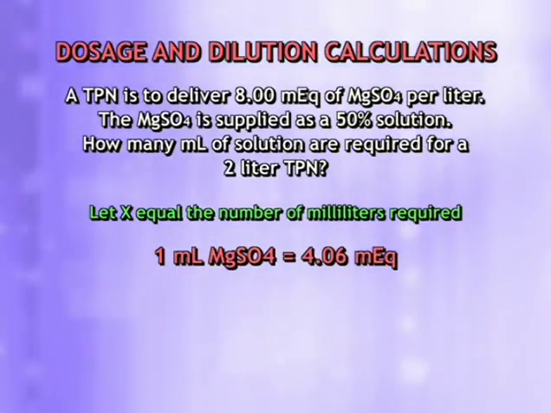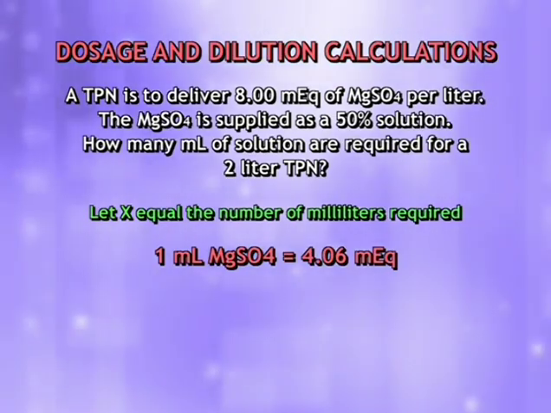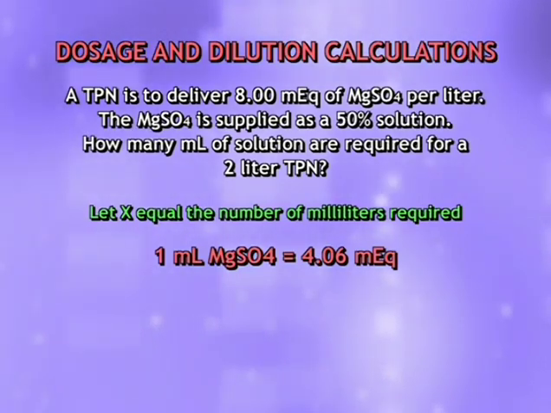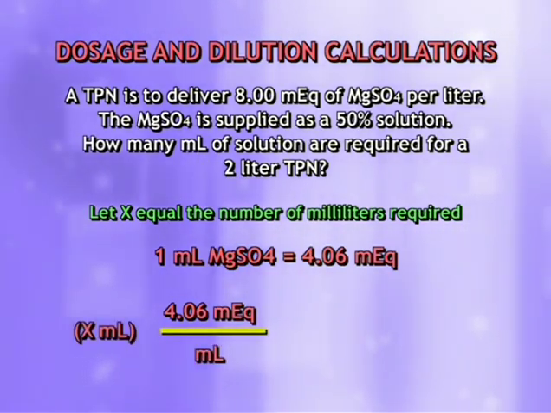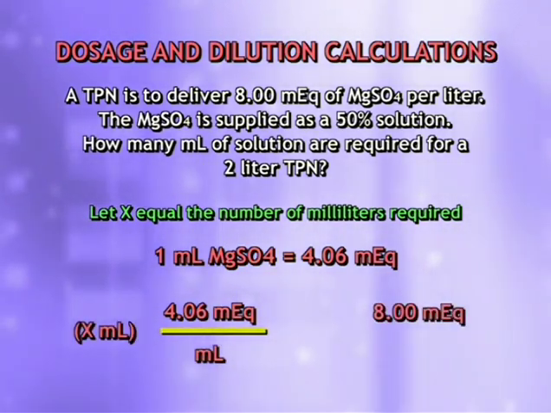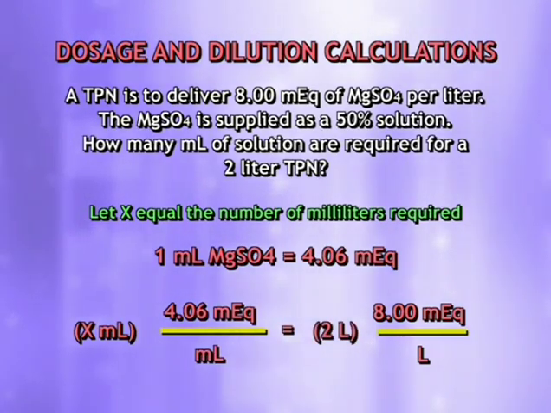To solve this problem, we need to know that each milliliter of the magnesium sulfate contains 4.06 milliequivalents. The problem is then solved as follows. 4.06 milliequivalents per milliliter times X milliliters equals 8 milliequivalents per liter times 2 liters.